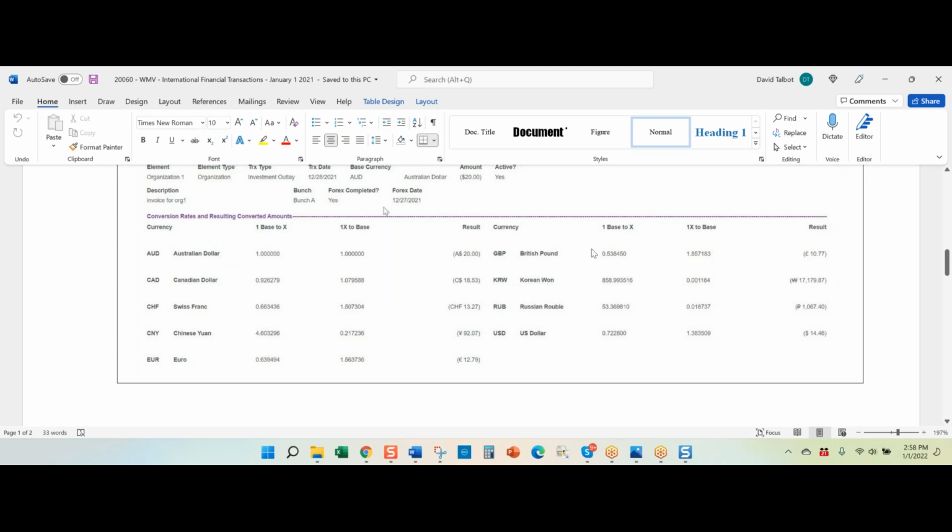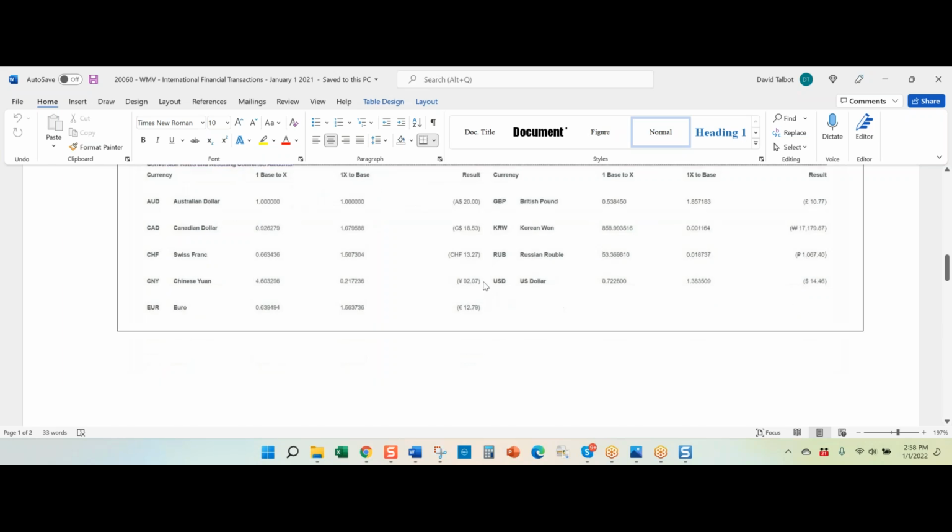But if you look here, 1 base to X: 1 Australian dollar is 72 cents US, or 1 US dollar buys $1.38 Australian. Or, for instance, 1 Australian dollar is worth 0.66 of a Swiss franc, or 1 Swiss franc buys 1.5 Australian dollars.